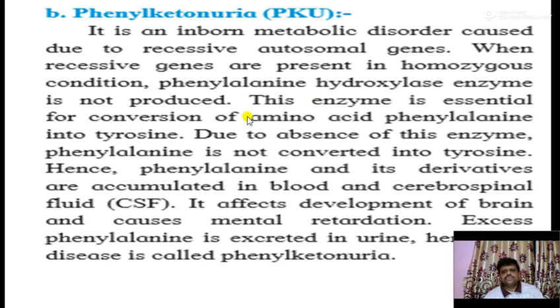So due to the absence of this enzyme, phenylalanine is not converted into tyrosine, and it gets accumulated in the blood and the cerebrospinal fluid. This affects development of the brain. Then it causes mental retardation. Excess phenylalanine is excreted in the urine.